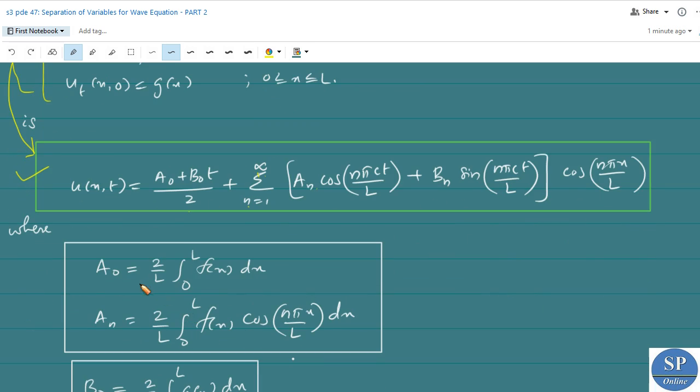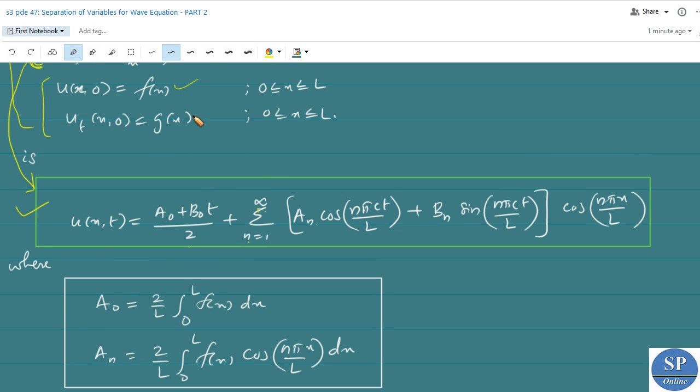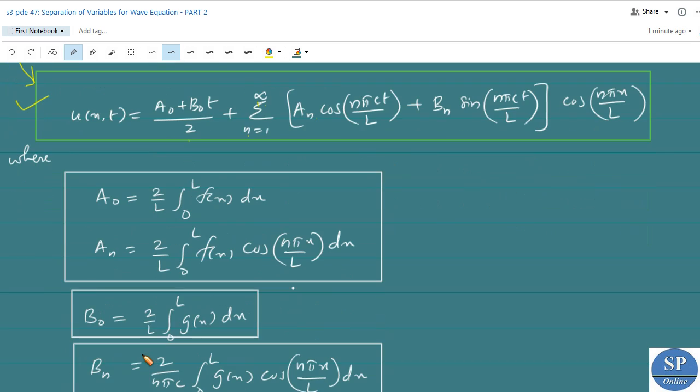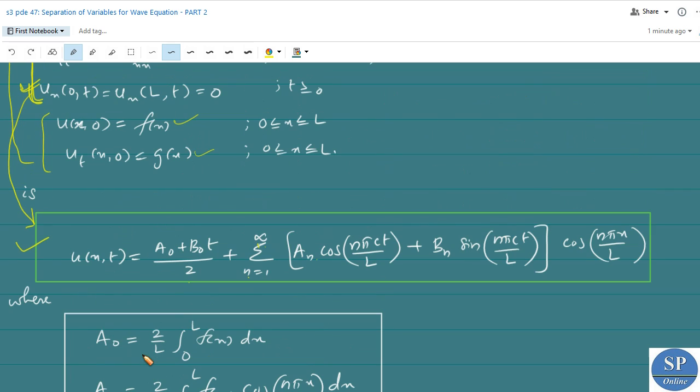So if we know the initial conditions f of x and g of x, we can directly use this formula to find a naught, an, b naught and bn. Or otherwise, without finding this integral, we can just use these initial conditions to find the coefficients a naught, b naught, an and bn.